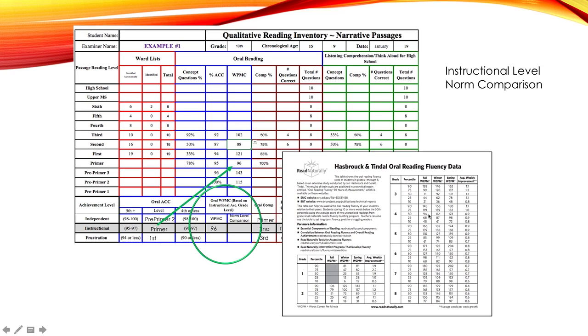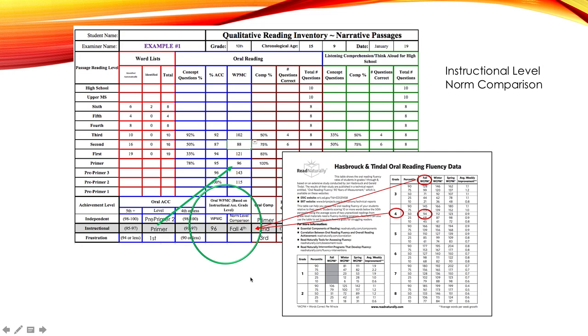Here's 94, and I don't think we're going to see anything that's closer than that. So we're going to use that one. So looking at 94 words per minute correct is in the 50th percentile, or the solidly average range, in fall of 4th grade. So that's simply what we're going to put right here.